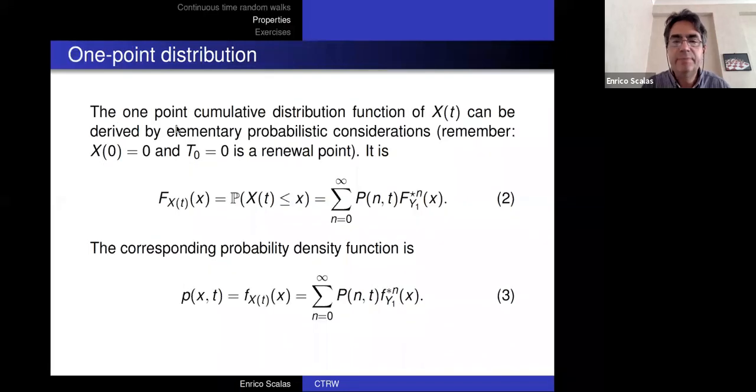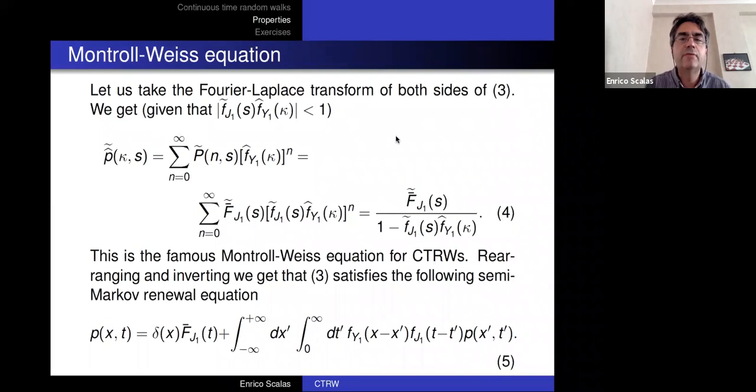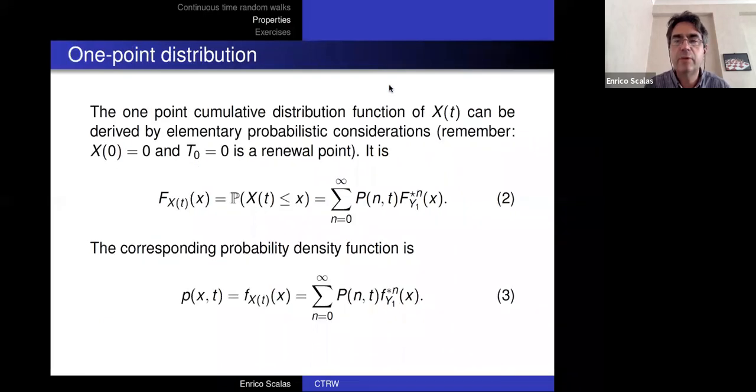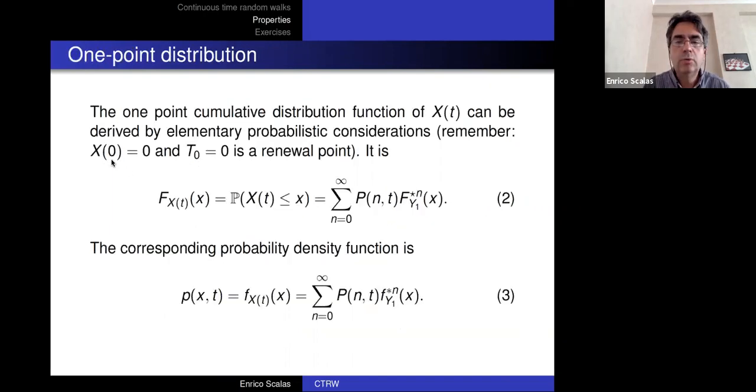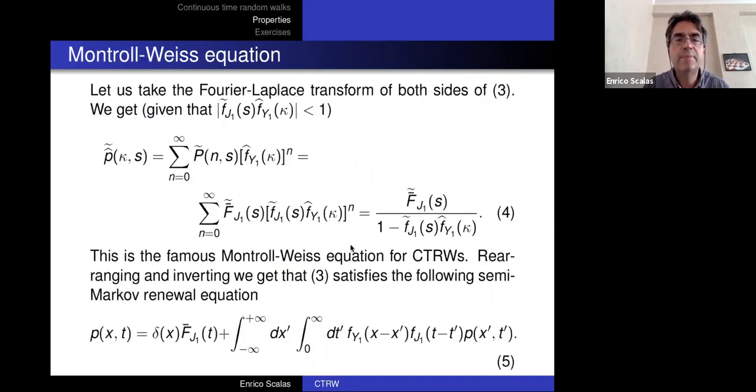Now, suppose you want to take the Fourier-Laplace transform of both sides of equation 3. So you take the Fourier-Laplace transform here and the Fourier-Laplace transform here. Now, the Fourier transform is acting on x, the Laplace transform is acting on t. And so you see here you have an n-fold convolution, which becomes a power of n.